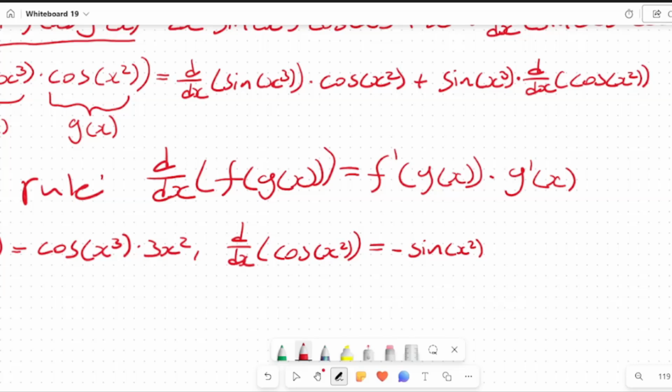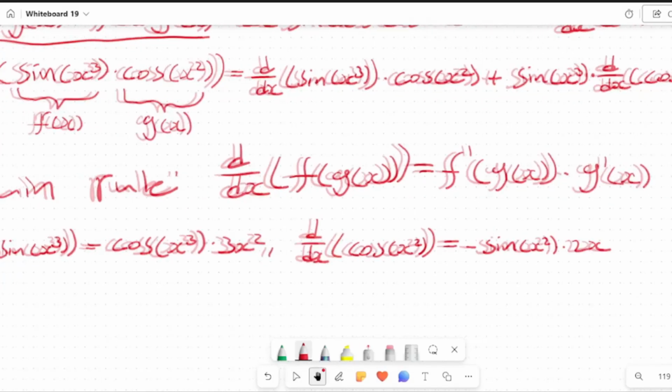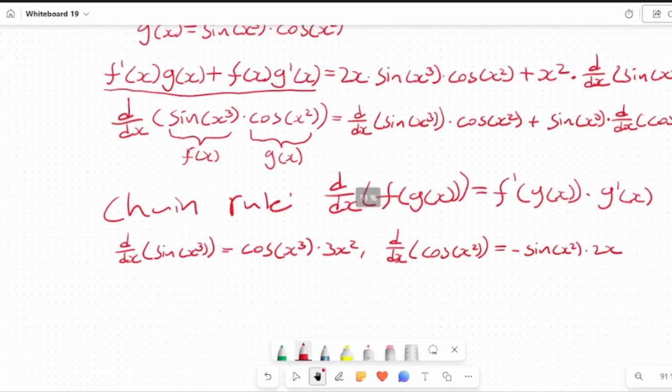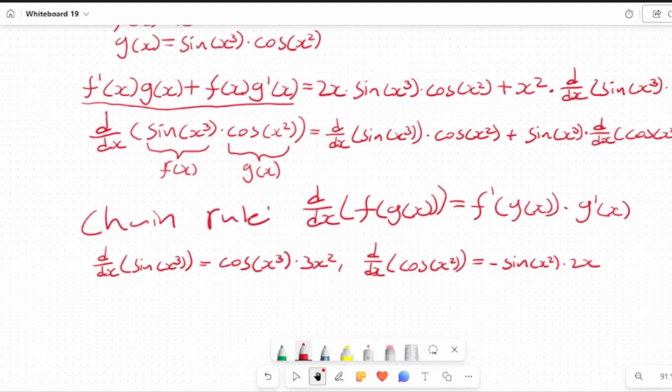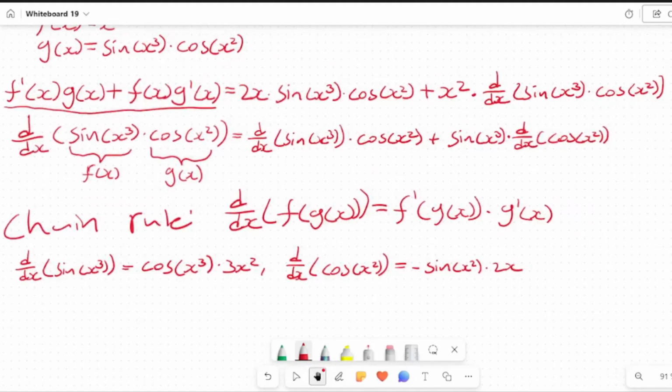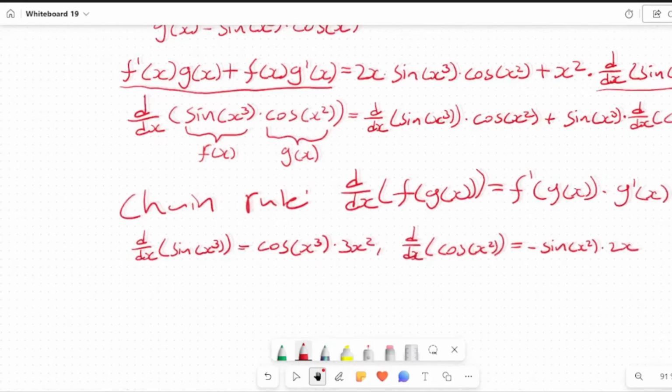So negative sine of x squared times the derivative of the inside. So it's going to be times 2x. And we should get our derivative of this function right here.